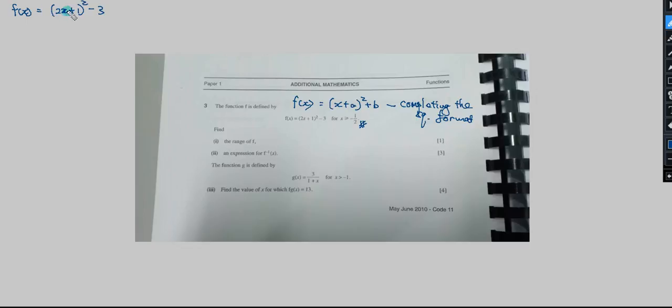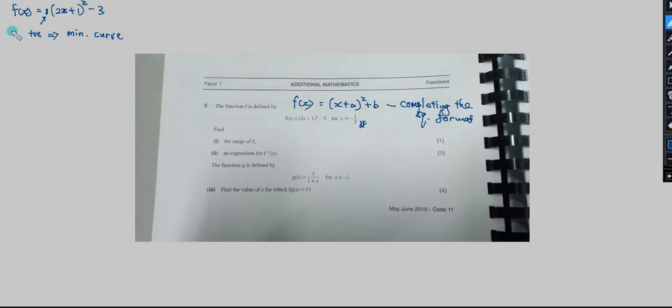The coefficient of the square term is actually a positive 1. In other words, if this coefficient is positive, then it means it is a minimum curve.